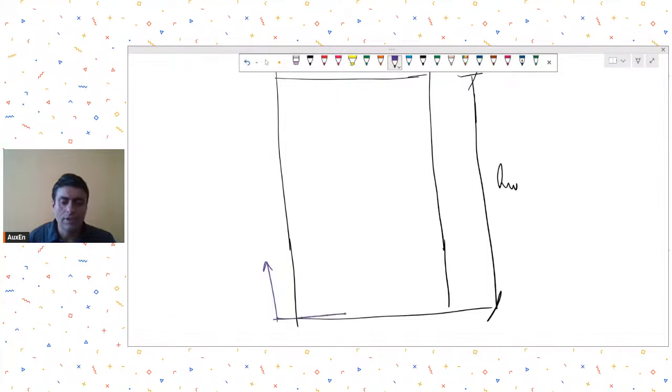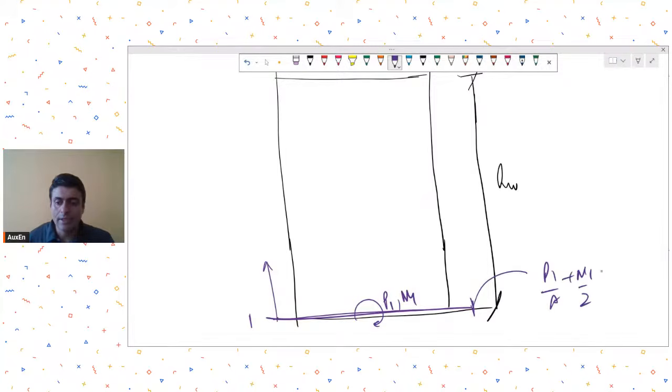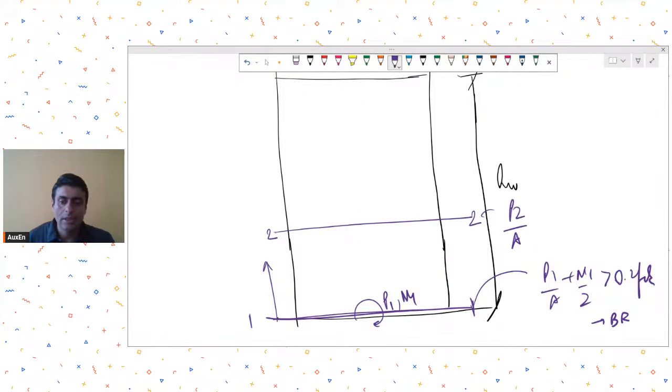So that means if at this section 1 you have P1 and M1 and you find out P1 upon A plus M1 upon Z, and let's say this is more than 0.2 fck, then you provide a boundary element. Then let's say you calculate at section 2 along the height of the wall. Let's say the axial load was P2 and moment was M2 at this section.